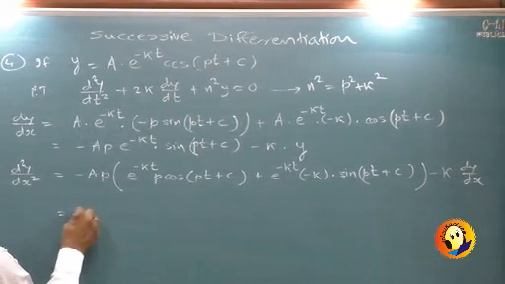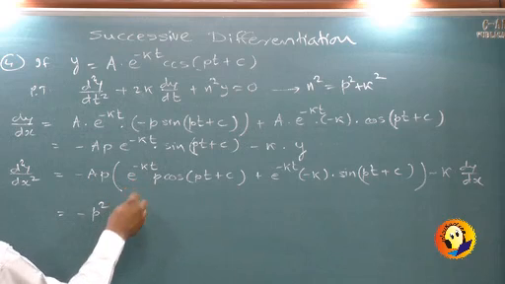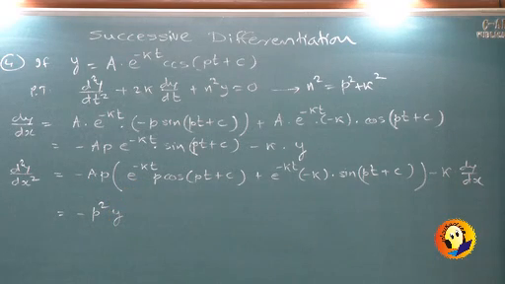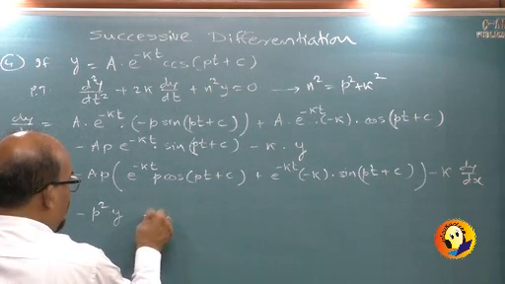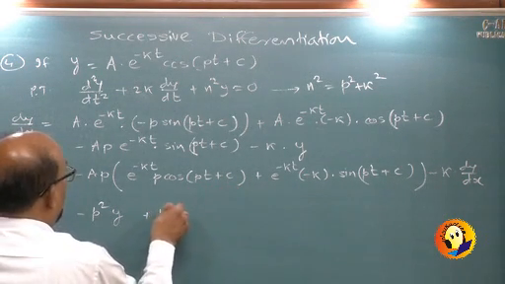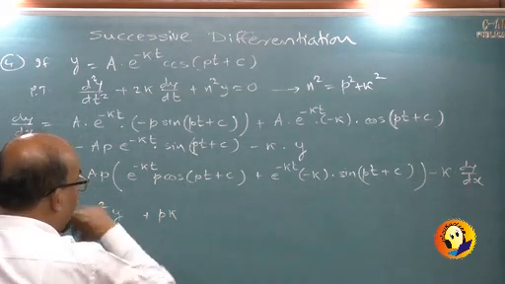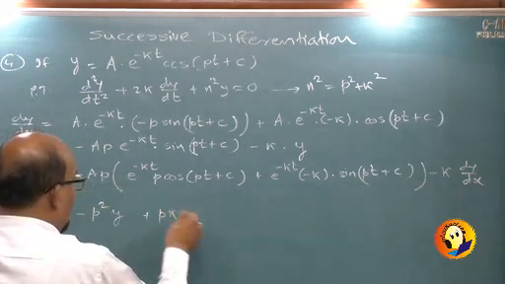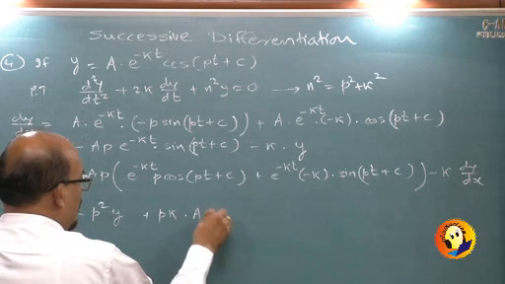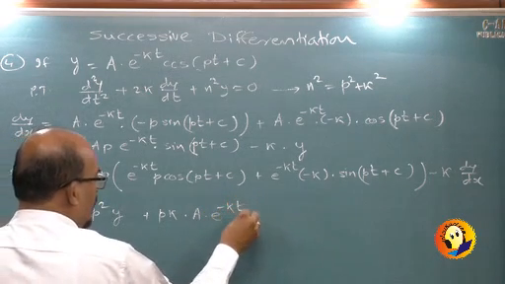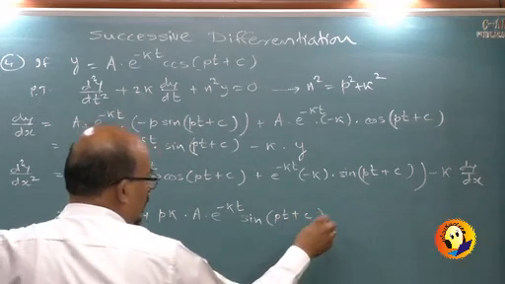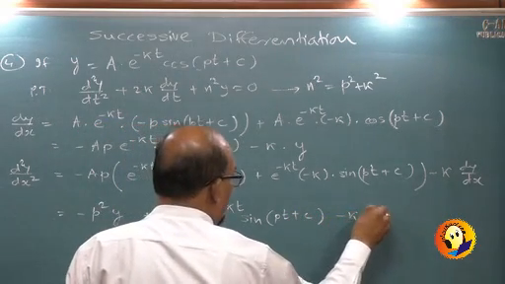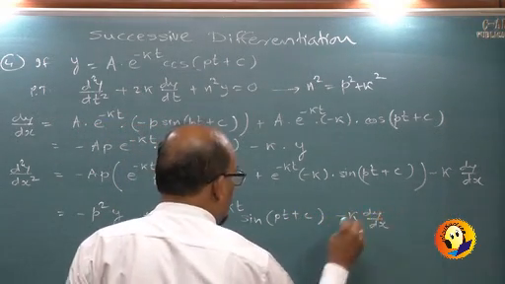So it becomes minus p square y, first term. Second term becomes minus minus plus pk into a e raised to minus kt sine of pt plus c, minus k dy by dx.